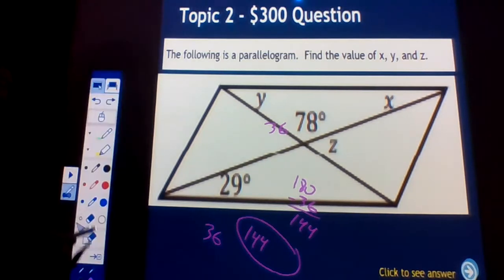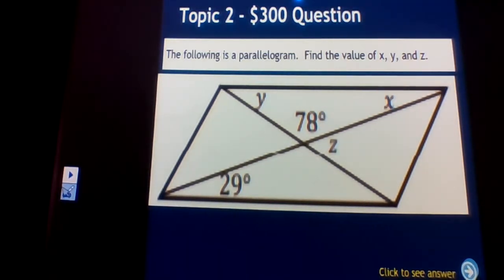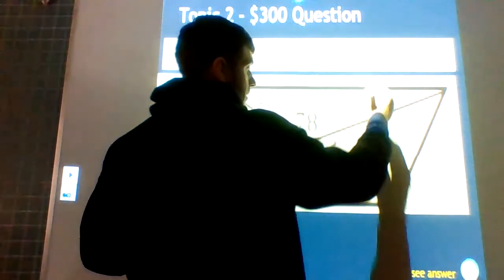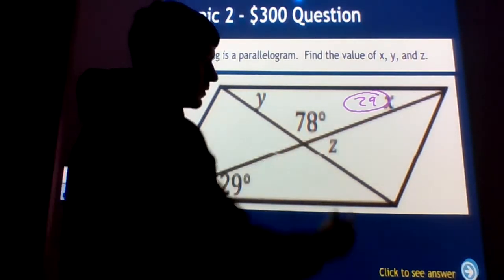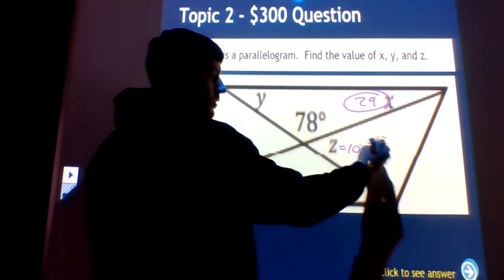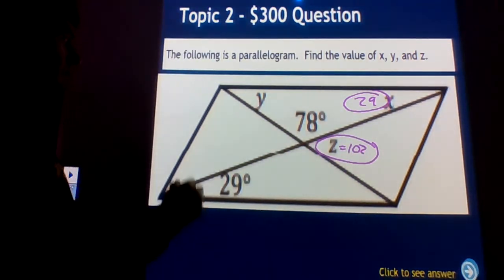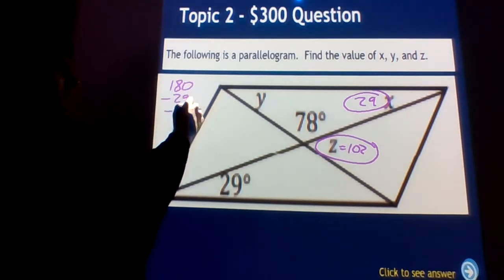There's a parallelogram. Alternate interior angles are congruent, so this is going to be 29. This is a linear pair. 180 minus 78 is going to be 102. And then 3 angles of a triangle add up to 180. So 180 minus 29 minus 78.